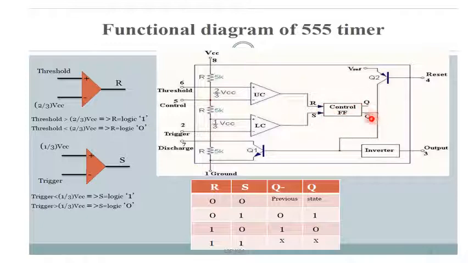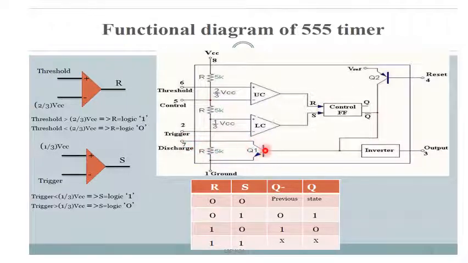Now you can observe that this Q bar is connected to the transistor Q1. When this Q bar is 1, this transistor will be activated, and it is directly connected to the discharge pin.